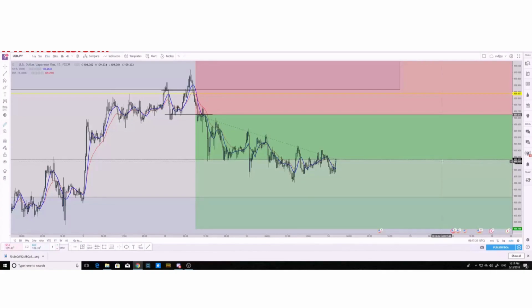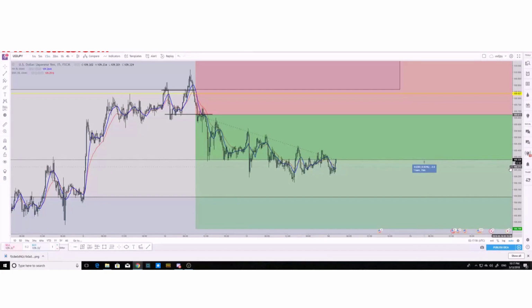The market moved 3 pips, because each pip is 10 micro pips, so if the market went from 109.330 to 109.300, the market went down 3 pips, and it went down 30 micro pips. You can see 330 all the way to 300, 3 pips. So it went down 3 pips and went down 30 micro pips.